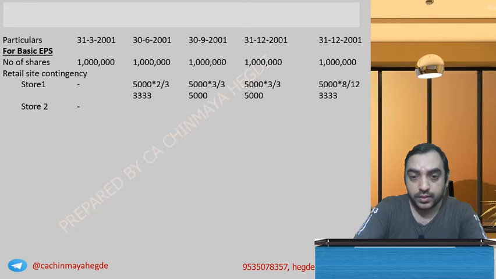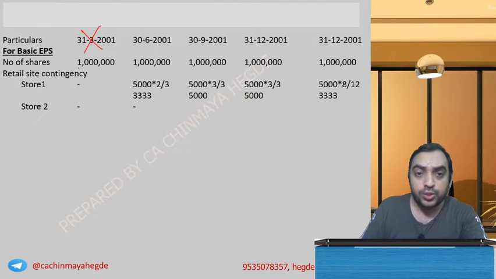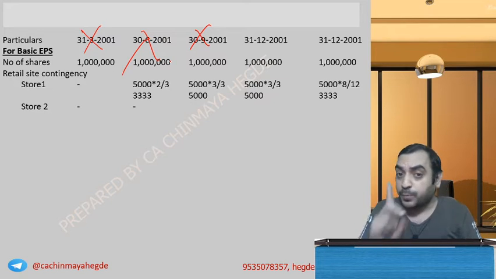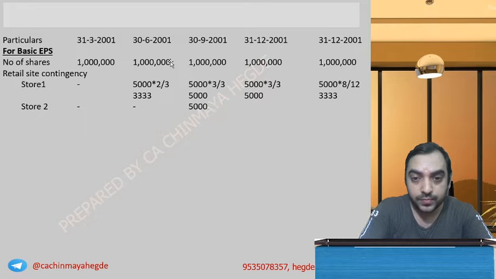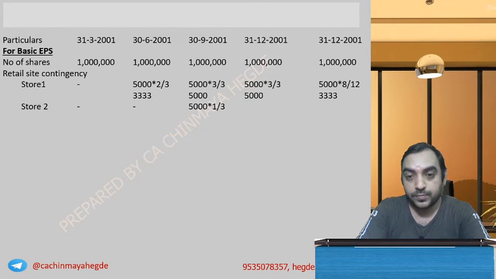Nothing in the earlier periods. When was the second store opened? On 1st of September. So March doesn't count, June doesn't count, September does: this is 30th September, only 1 month will count. So 5,000 into 1 by 3, which is 1,667.